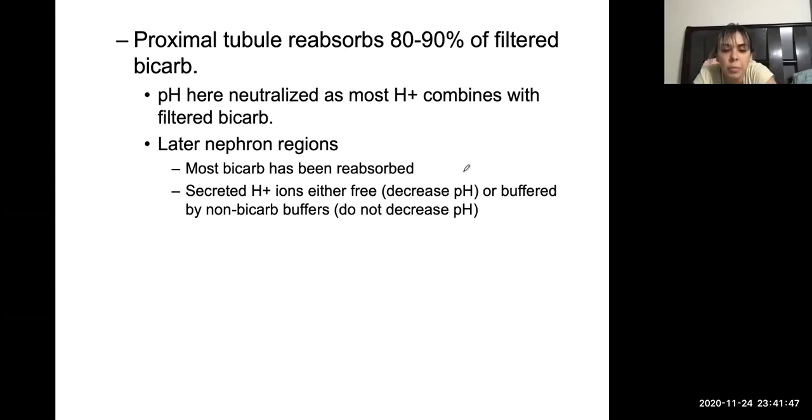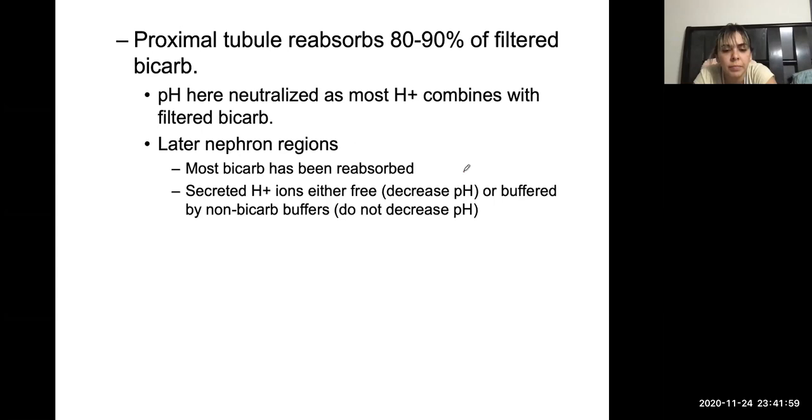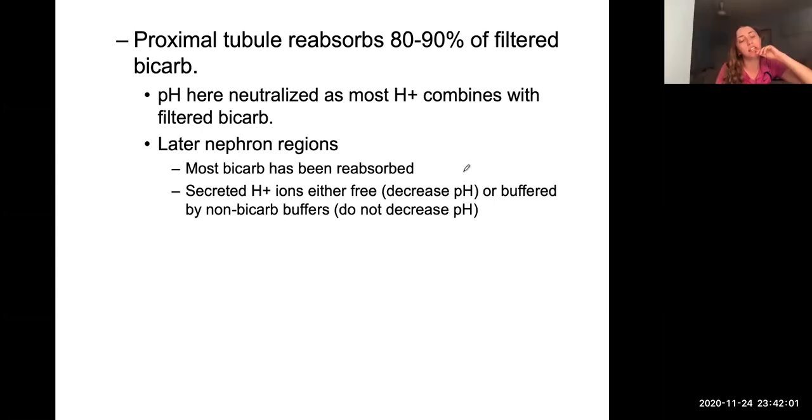What about sodium? Sodium will be reabsorbed in the distal, right? It would be the ascending limb of the loop of Henle.